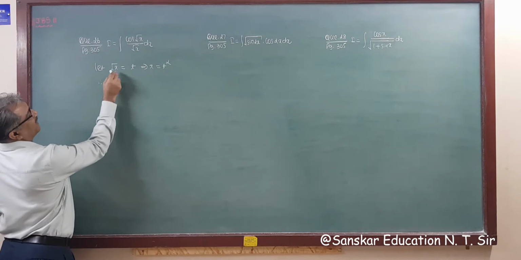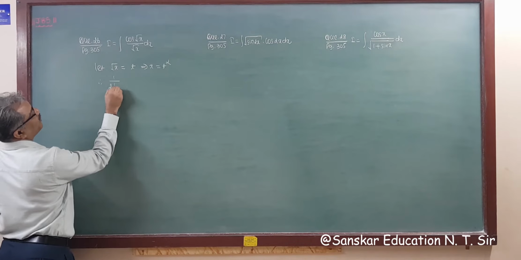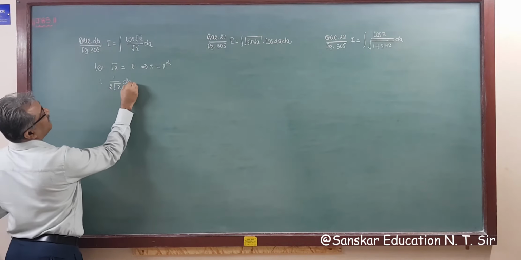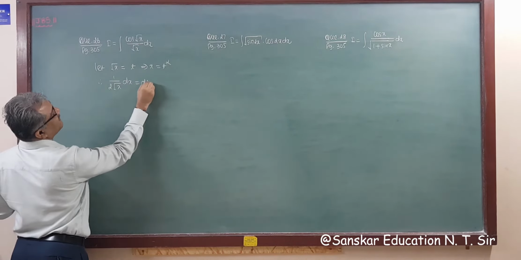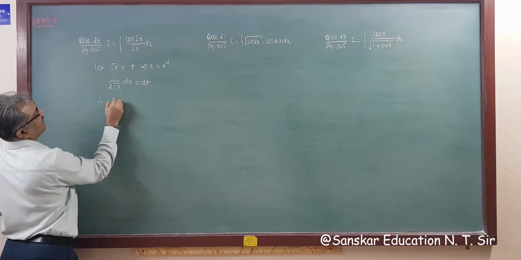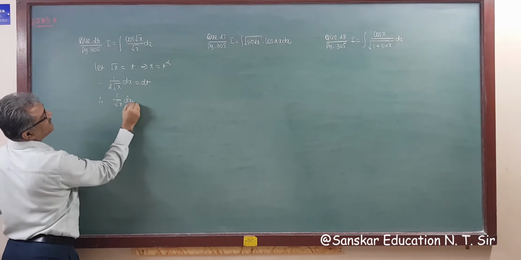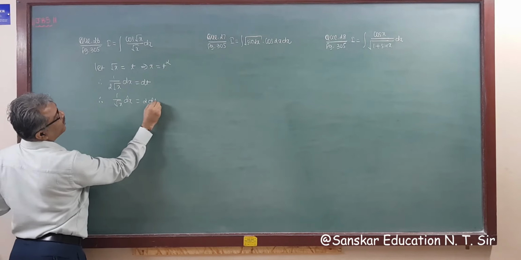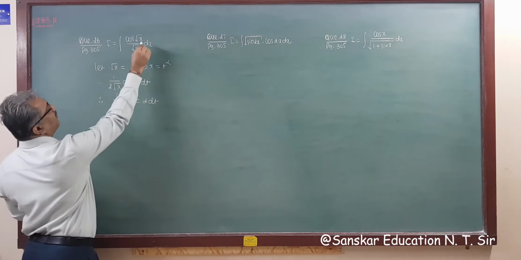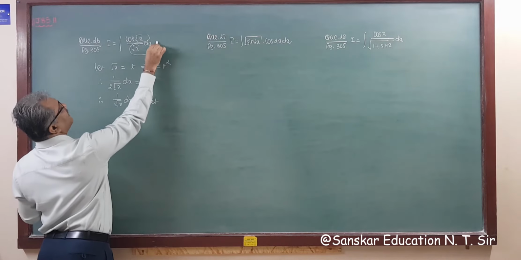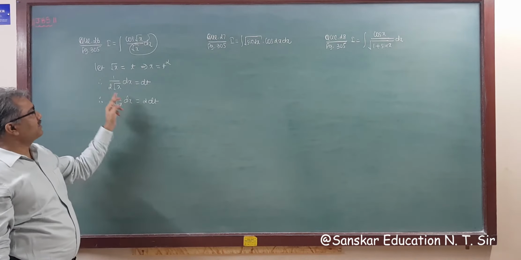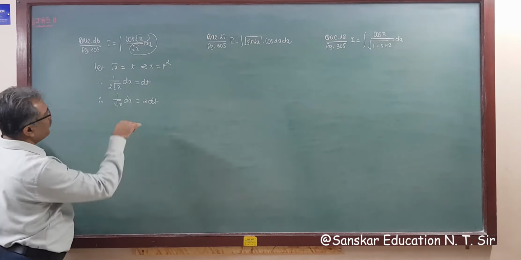So the derivative of root x is 1 upon 2 root x dx, that is dt. So 1 upon root x dx is equal to 2 dt, because we have only dx upon root x, so no need of 2 here, so taking 2 to the opposite side.